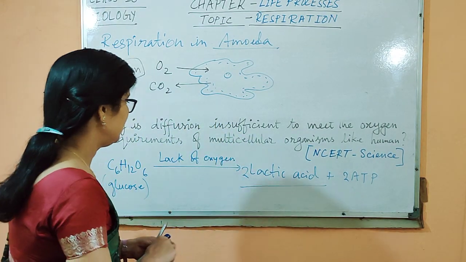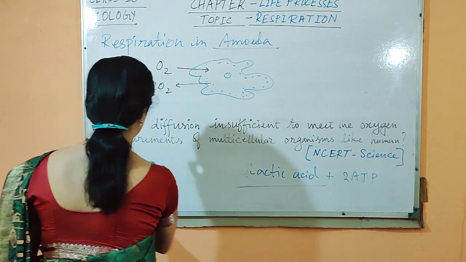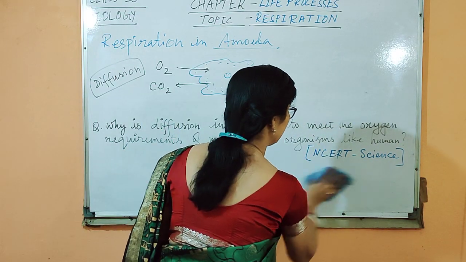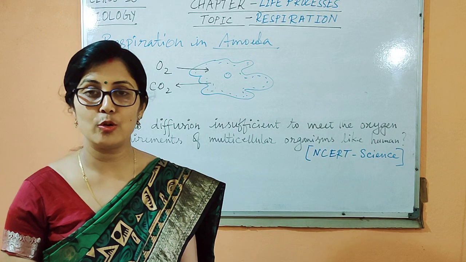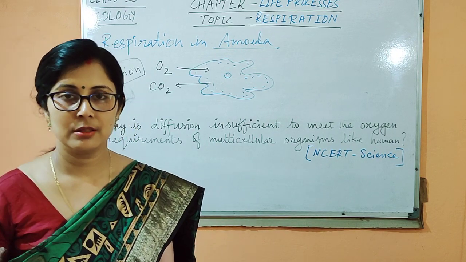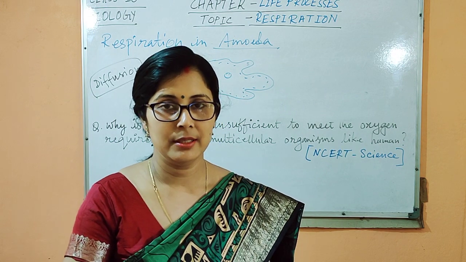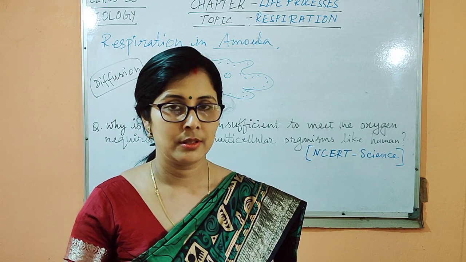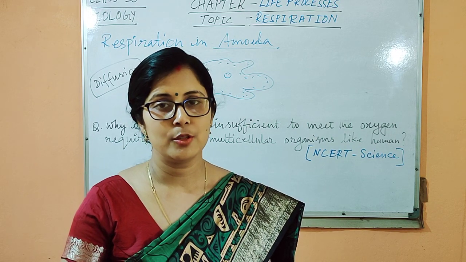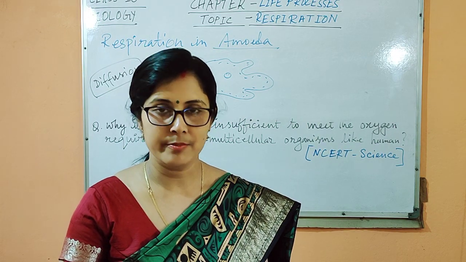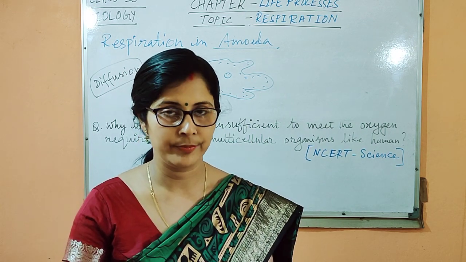But in case of multicellular organisms like human and other animals, this process is supposed to be very slow, because the volume of human body and the other higher animals' body is too large. So diffusion would be a very slow process to fulfill the oxygen demand in the deep-seated cells inside the body.